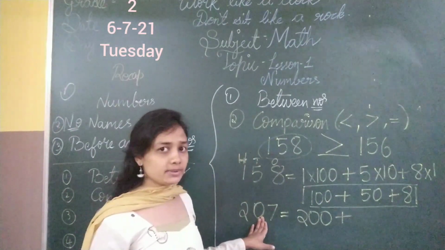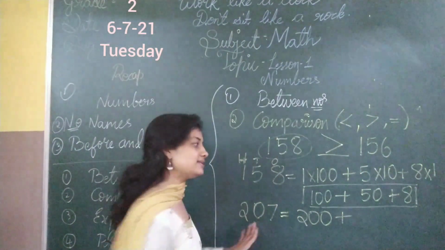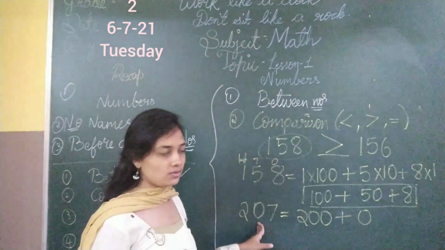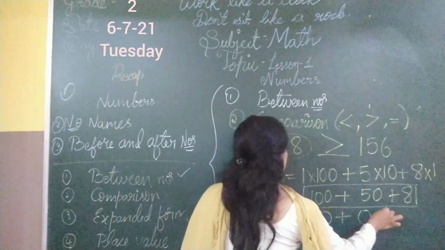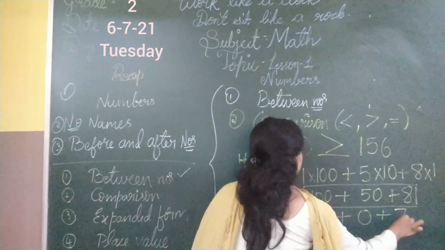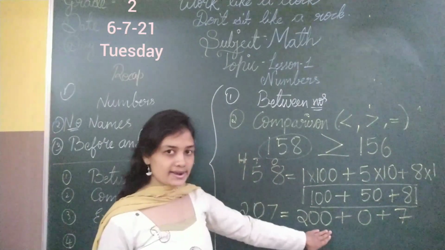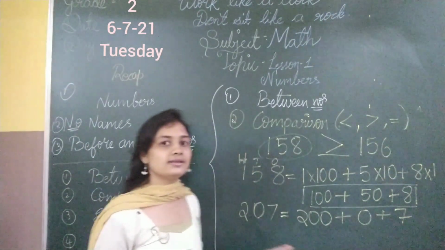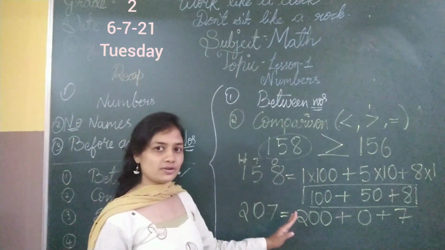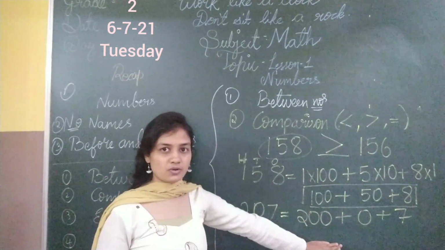I don't have anything in my tens place, so I can just write simply 0. Because I don't have any number, it's 0. Next plus. 7 is in the one place, so I'm going to write the 7. This is 207. Same thing, 207. So you understood how to write these numbers in expanded form?